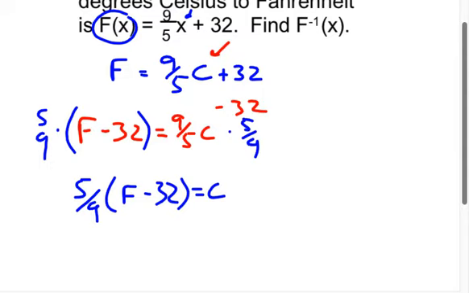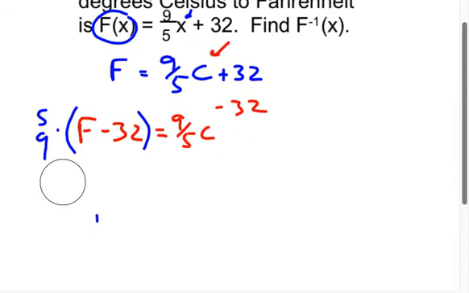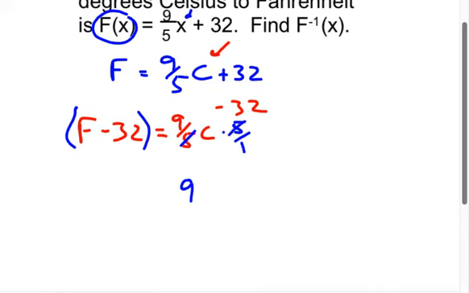I would probably do this in a couple steps. Still going to have to do it to the whole thing, F minus 32. I would multiply by 5, or 5/1, and that would cancel out this 5, and I'd be left with 9C. Multiplying this side by 5, I'd just have 5 times F minus 32.